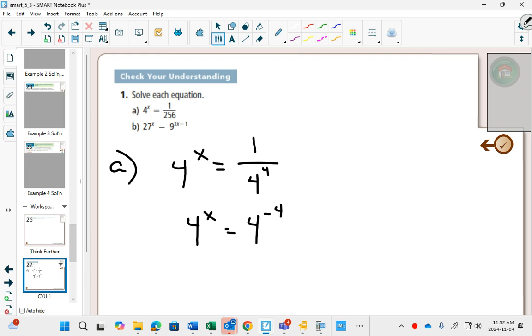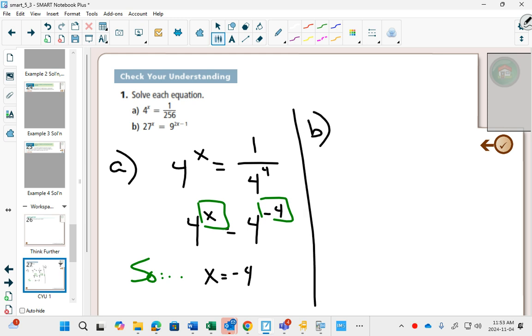So we're really going to use all of our exponent rules from grade 9 a lot in this unit. And now that our bases are the same, I'll put a green box around this, and x would have to be minus 4. And that's my final answer. So I can get my bases to be the same on both sides, then the exponents have to be equal, and then it becomes really easy.